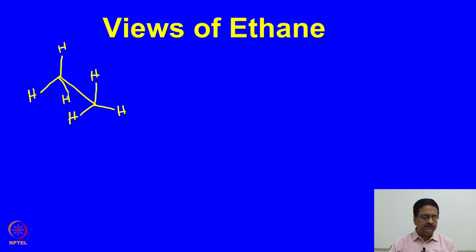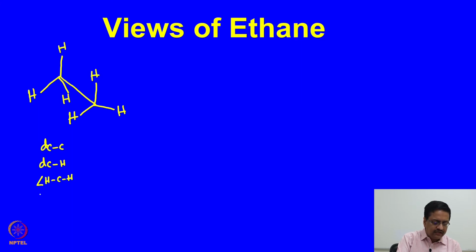In this particular molecule, what we need to know are the distance of the carbon-carbon bond, the distance of the carbon-hydrogen bond, and the angle HCH and also the angle HCC.